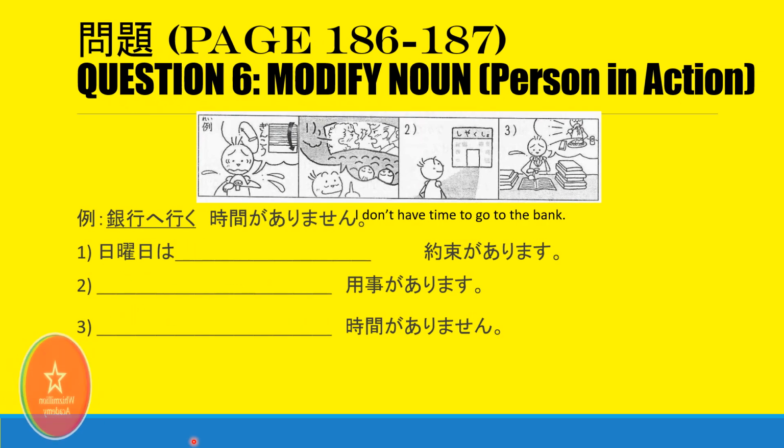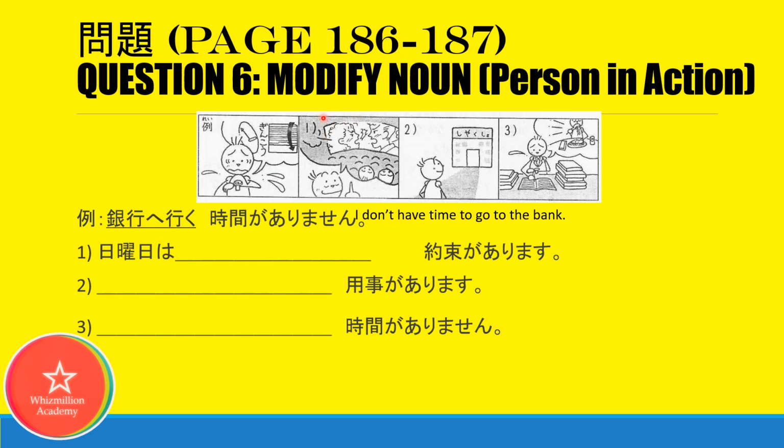Well, for question number 6, over here we are supposed to modify the noun. The noun is a person in action, and there are images attached here to each question. These images are supposed to give us some hints to help us fill in the blanks. Alright, so let's look at the first image. The first image is a person who's worried about his time, and there's an image of a bank, Ginko.